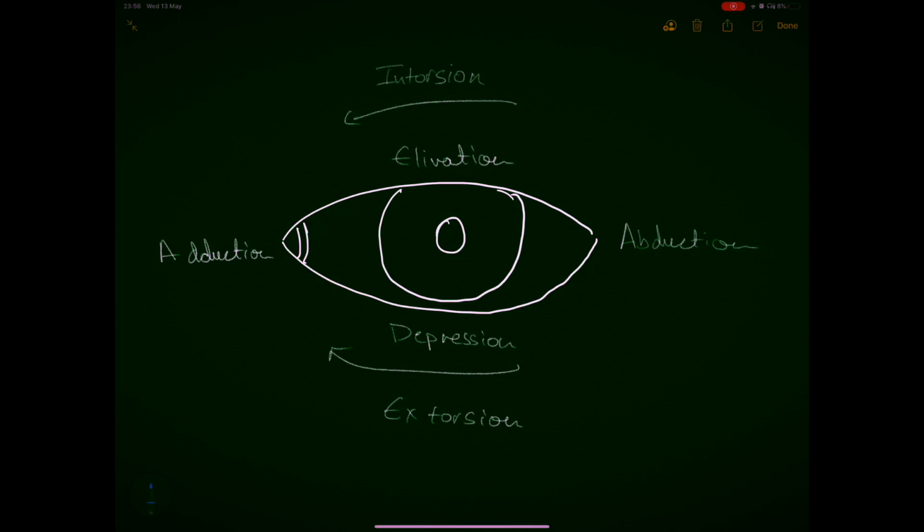With the inferior oblique, it originates from the anterior part of the orbital floor and attaches to the sclera posterior to the lateral rectus and is innervated by the oculomotor nerve. And its actions are predominantly extorsion as well as elevation and adduction.